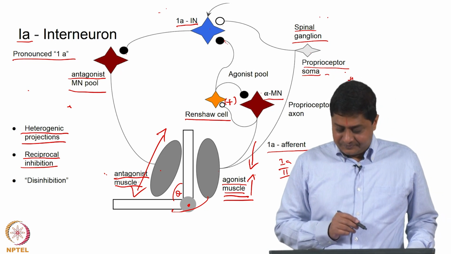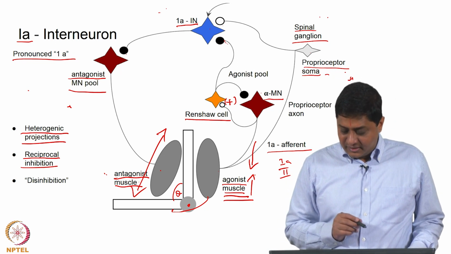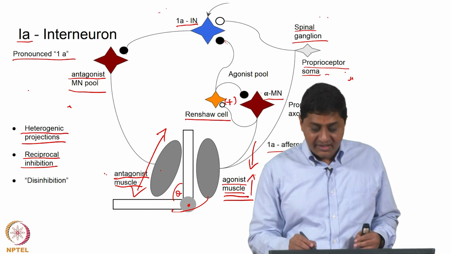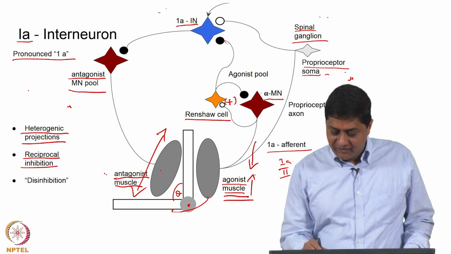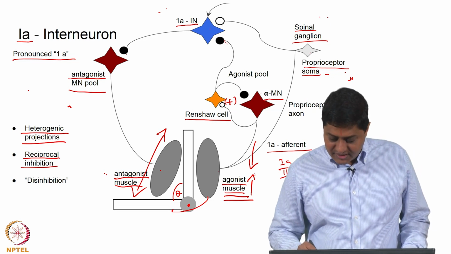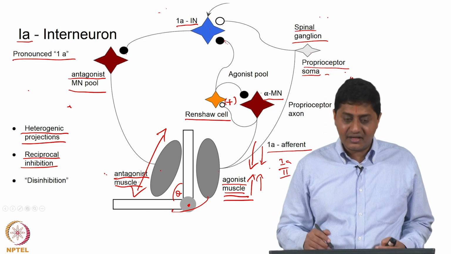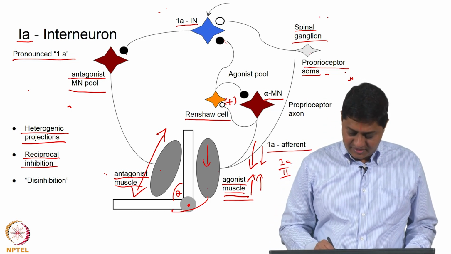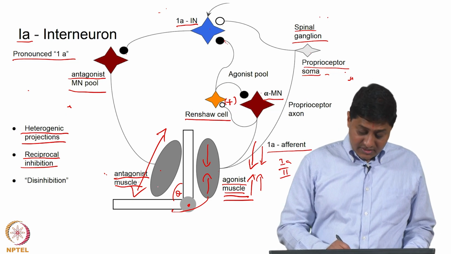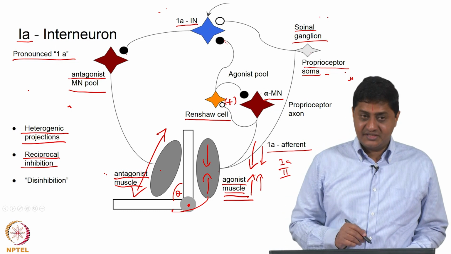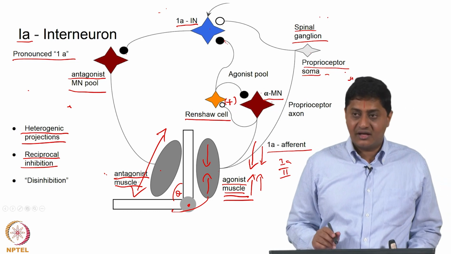So what will that do? Let us try to analyze the action of the alpha motor neuron itself. This alpha motor neuron, when it is firing, will cause a contraction of this muscle as has been shown previously. It will cause a contraction which will cause a stretching in the antagonist muscle, is it not? This is what this alpha motor neuronal activation will do.